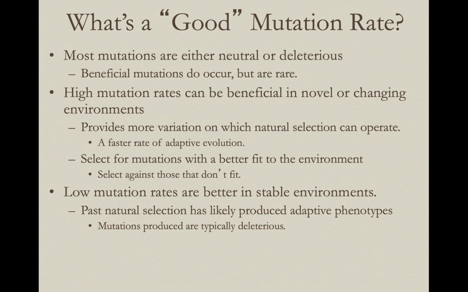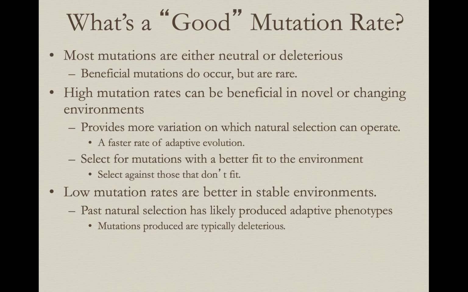However, if you're a species living in a stable environment in which the organisms have had many, many generations of adaptive evolution to fit that environment, natural selection has probably pushed most of those individuals to the point where their adaptations are pretty good fits.